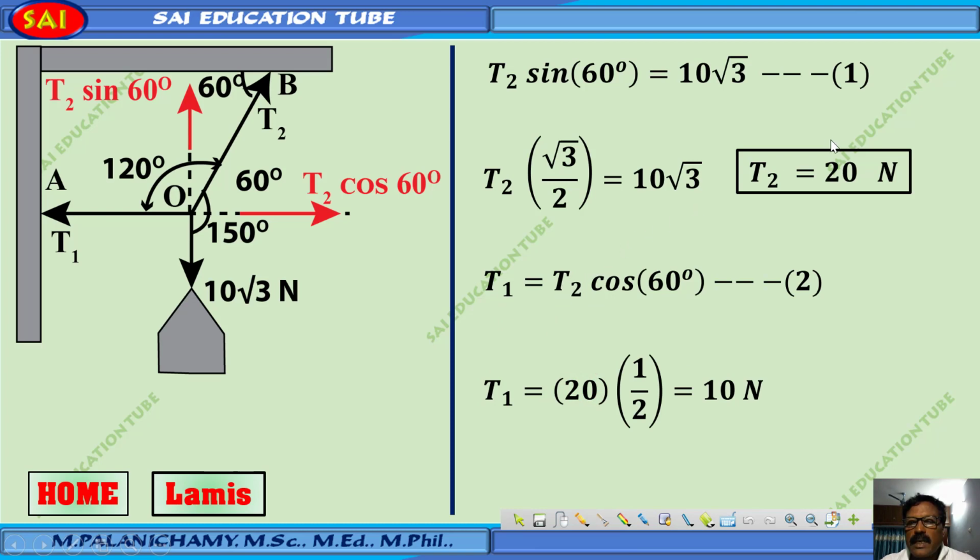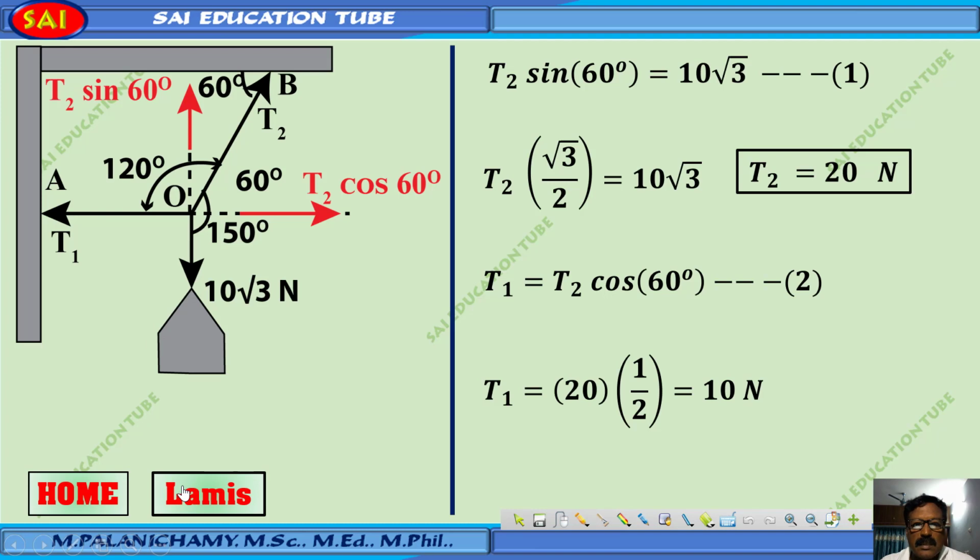We already calculated T2 to be equal to 20 Newton and cos 60 equal to 1 by 2. Therefore, 20 into 1 by 2 equal to 10 Newton. That is, T1 equal to 10 Newton. From this method, we calculated the tension T1 in the string OA and the tension T2 in the string OB.